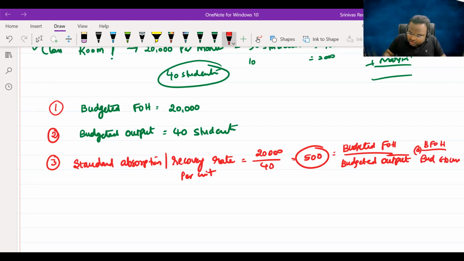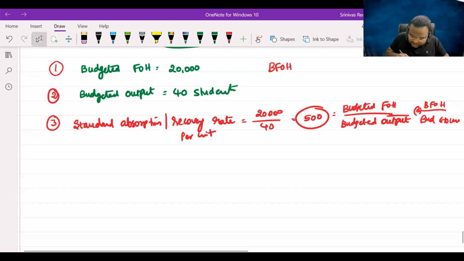That means up to now we understood what is budget fixed overhead, and second, we have understood what is the absorption rate. Now, see carefully. Classes have started. On the first day I checked my attendance: how many students got registered?